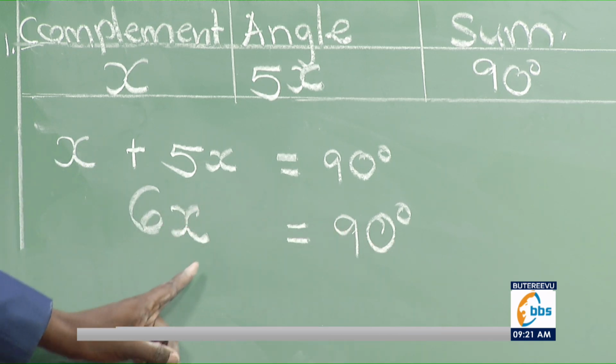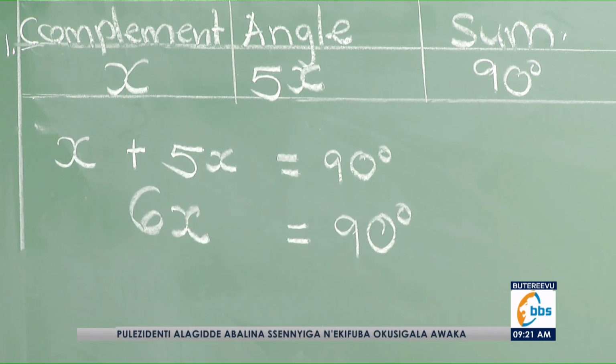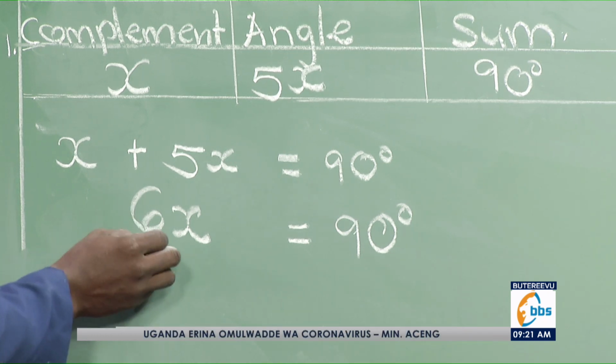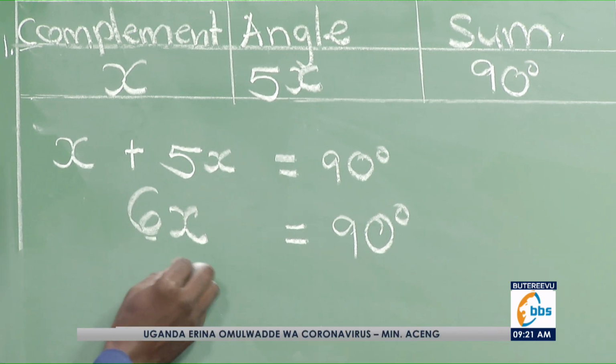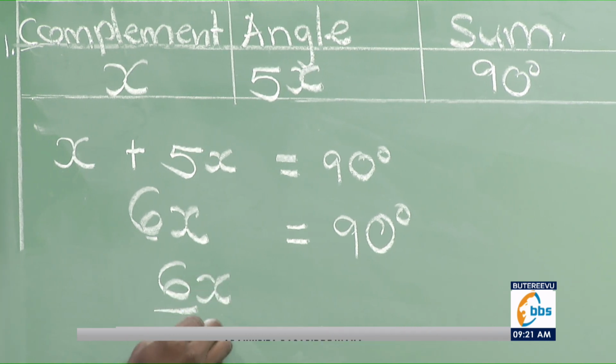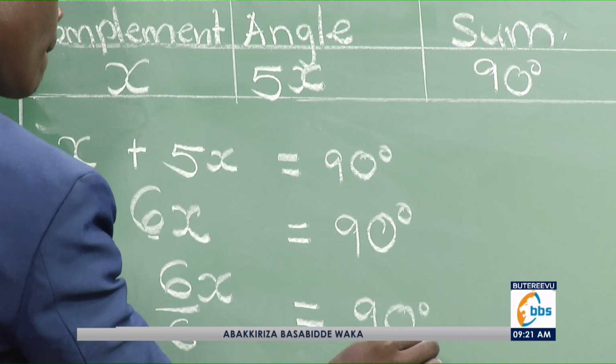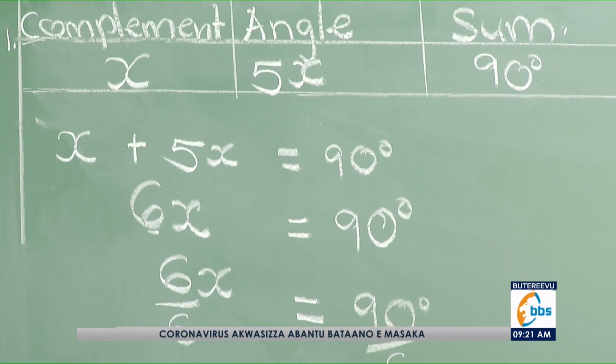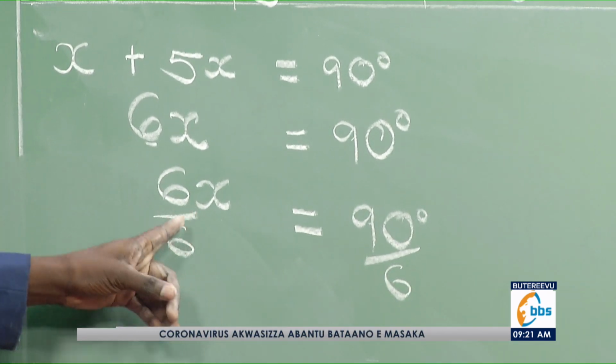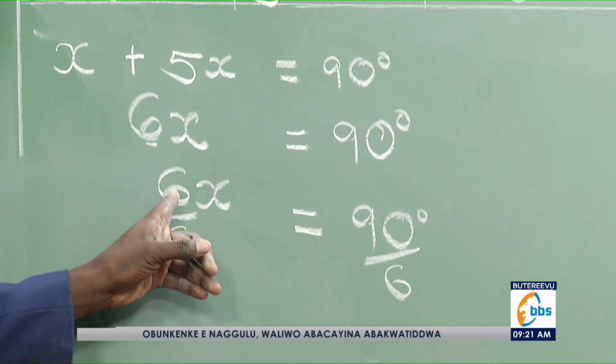To get x alone, we shall need to divide both sides by the coefficient, and that is 6. So we shall divide this 6 by itself and also this one by itself.